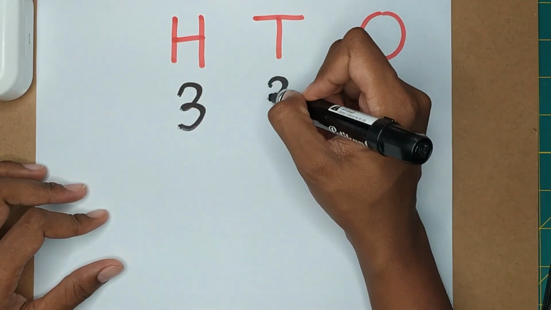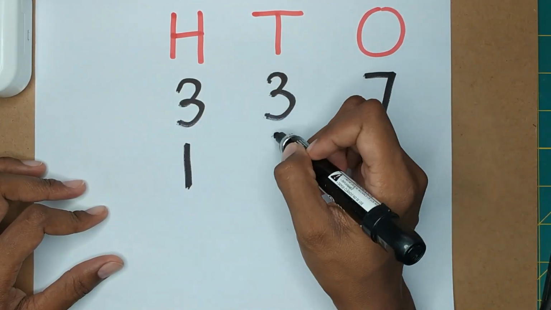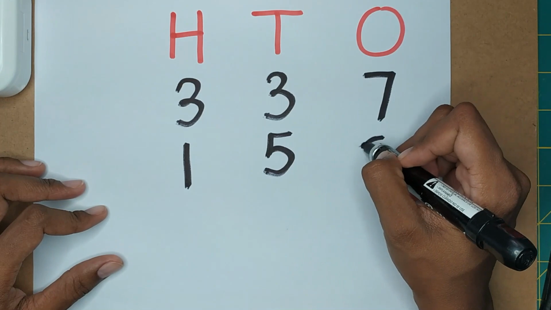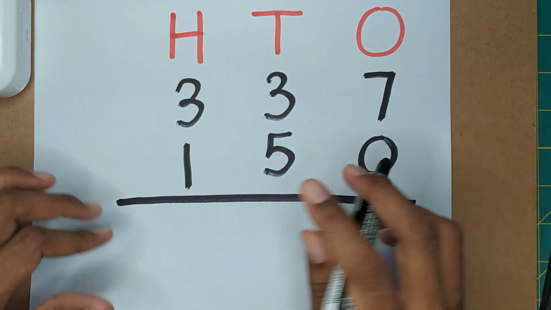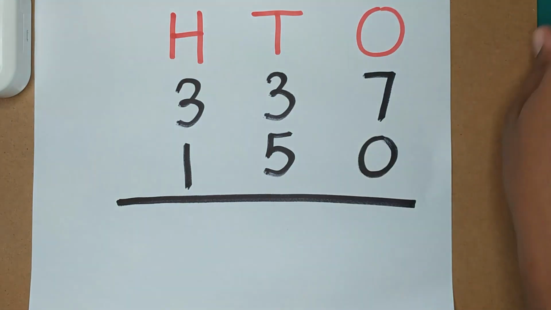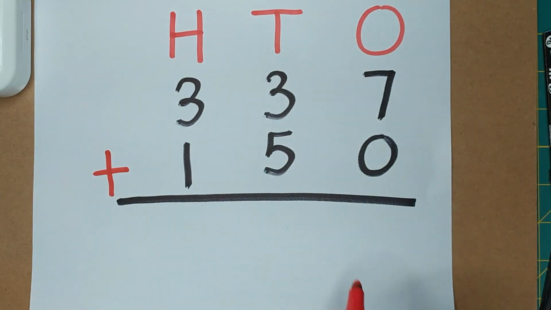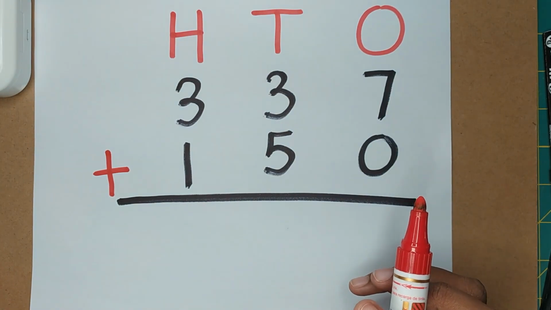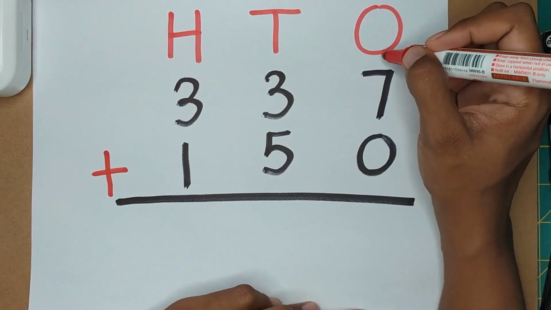Keep your work nice and neat. We start off as always with our ones column. So we have 7 add 0, or 0 add 7, and 0 adding any number gives you back the same number. So 7 add 0 equals 7.